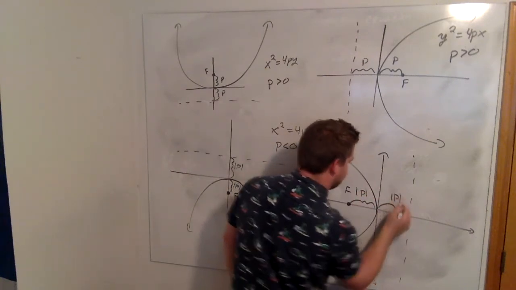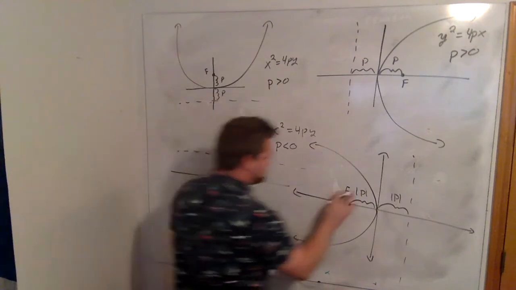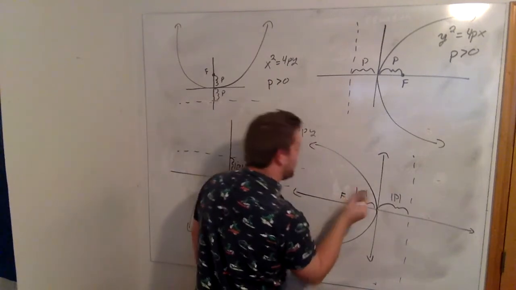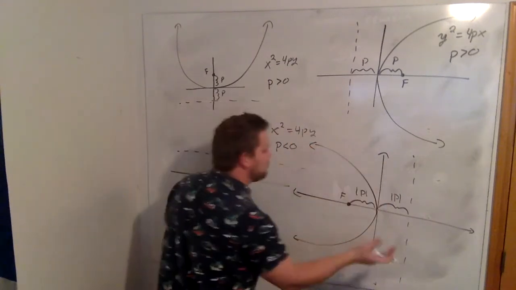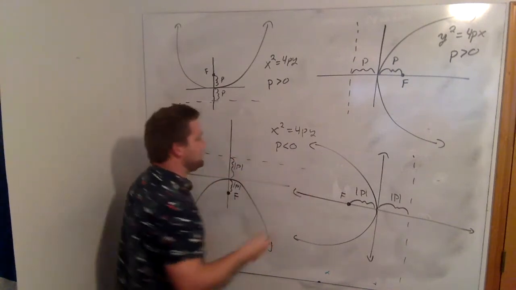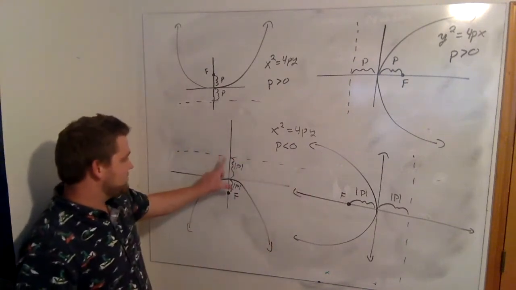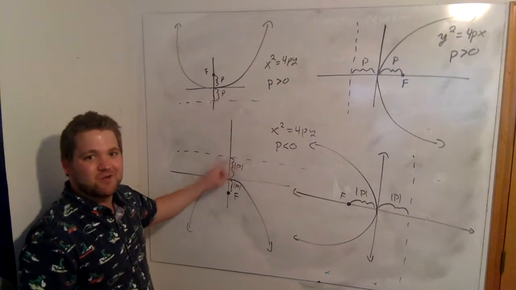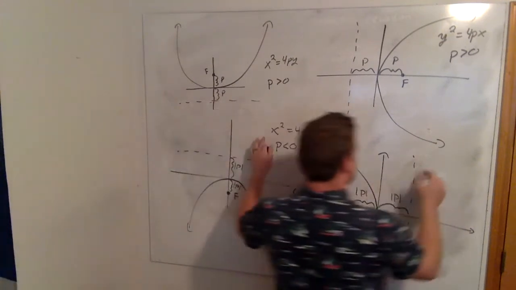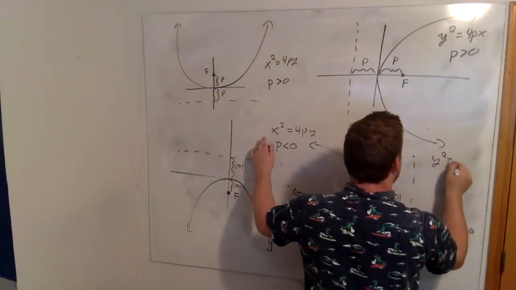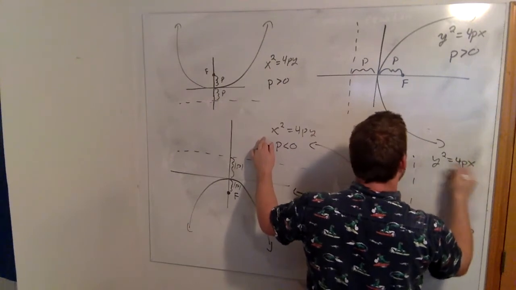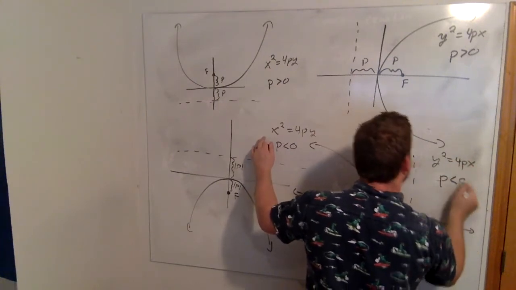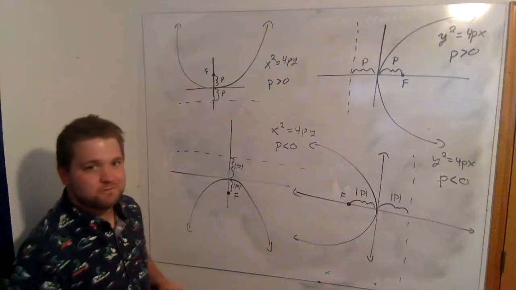This is the physical distance. But for this equation, the only difference is that since the focus will be to the left of the directrix, p will be negative. It's, again, just as if I reflected this picture here over the line y equals x. So this one will be y squared is equal to 4px. In this case, for this picture, p is less than 0.